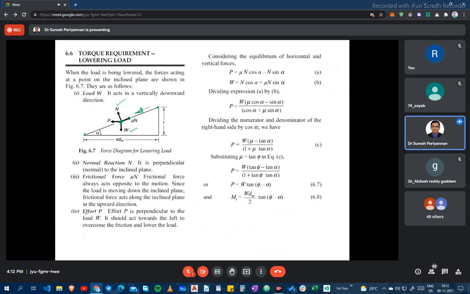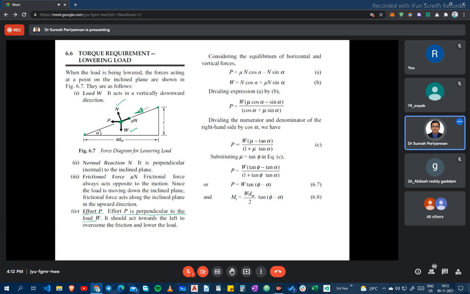Then, using the earlier calculation we discussed, we are going to find out the effort, the effective force applied on the handle. The effort P is perpendicular to the load W, always perpendicular.